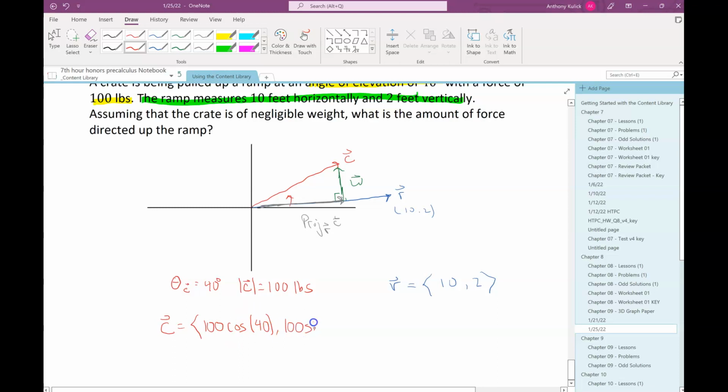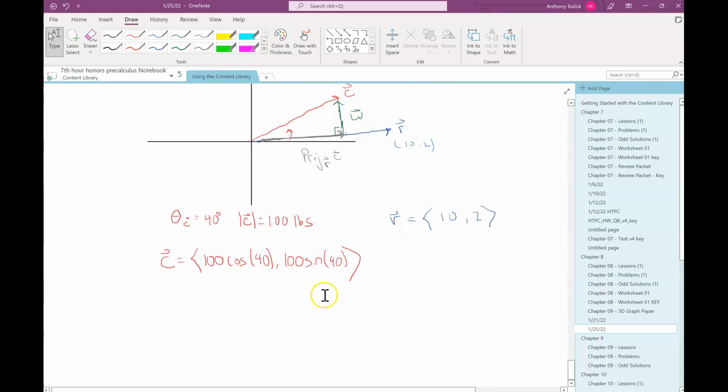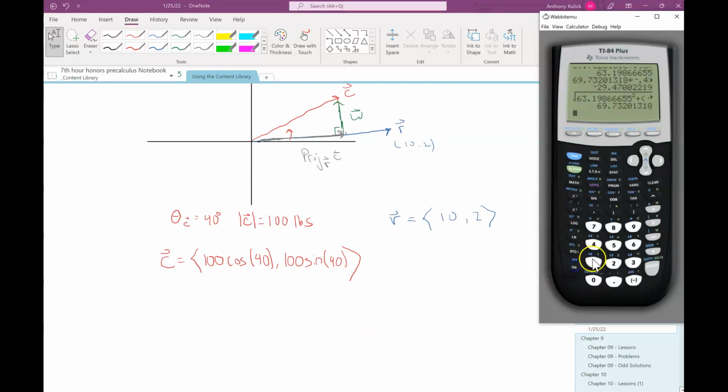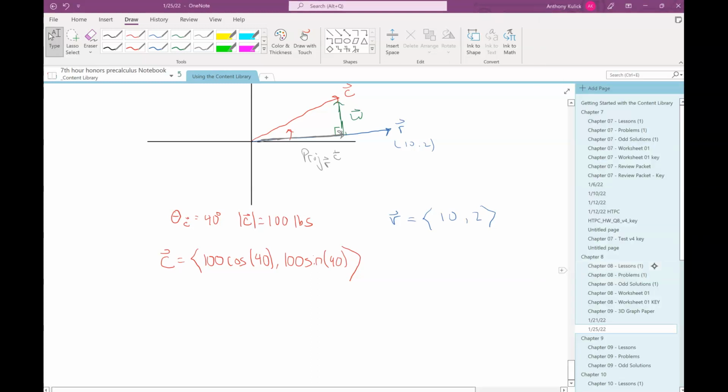We can just do this problem the same way we did the previous one. So 7660, and then 6428.